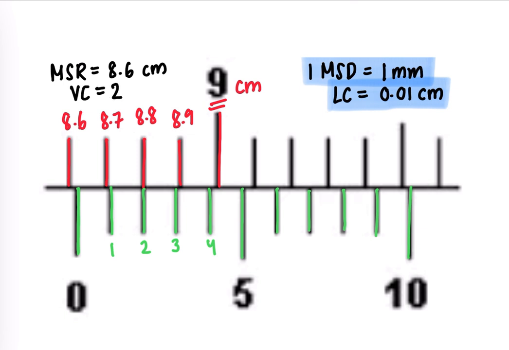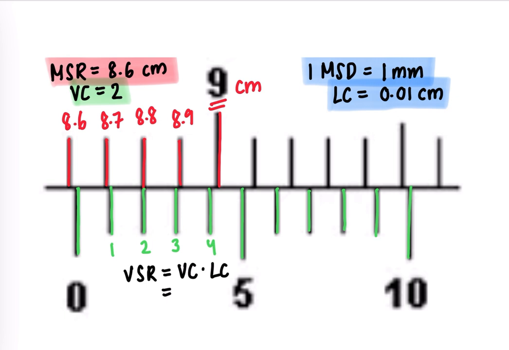VC is 2. And the vernier scale reading would be the VC times the least count. So VSR is VC times LC, which in this case, since our VC is 2 and our MSR is 8.6 and our LC is 0.01 centimeters, we can do the math here.